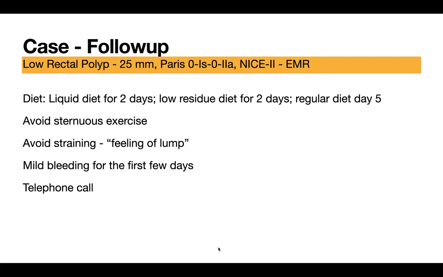You also need to tell them that they will feel like a lump, because the area will swell up for the first 3 to 4 days, like any inflammation that happens after injury. They will have the urge to go to the restroom, and then they can't see anything coming out, and then they strain. So you have to explain to them that they will feel like a lump in the lower rectum, and they should avoid straining.